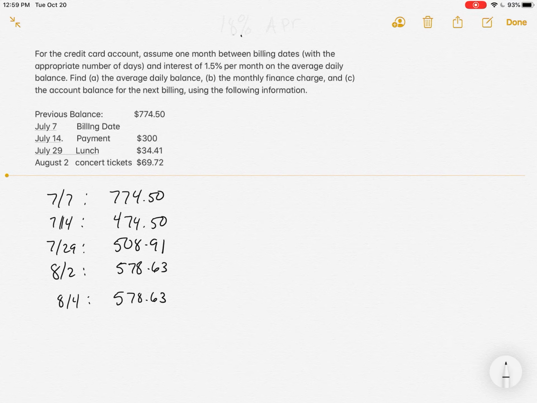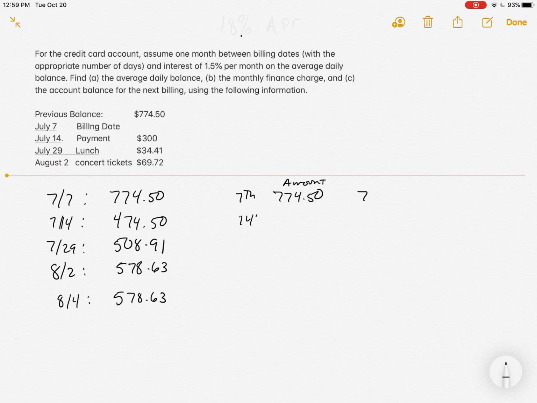So what we need to do is figure out our average daily balance. The billing cycle starts on the 7th, and on the 7th I have $774.50. That's the amount on the card right now, and it stays that way for the next 7 days.